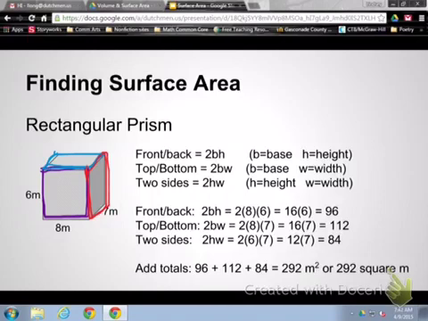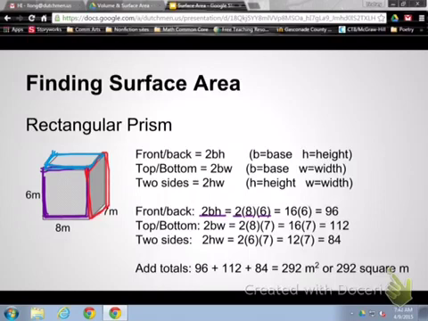So if we go back and look at this, let's start with the front and back. I want 2 times the base times the height. So I take 2, here's our base, which is 8, and here's my height, which is 6. Then I can multiply them out. 2 times 8 is 16, 16 times 6 gives me 96. Then I go to our top and bottom, up here in blue.